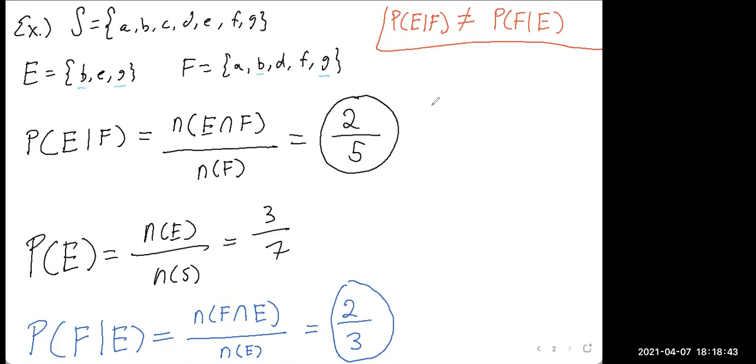And I will say not always, but usually the conditional probability, for instance, 2/5 is greater than 3/7. Conditional probability is usually much, much larger than the actual probability of the event. So that's something to keep track of as well.